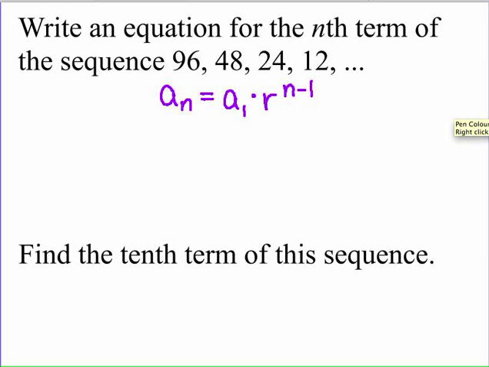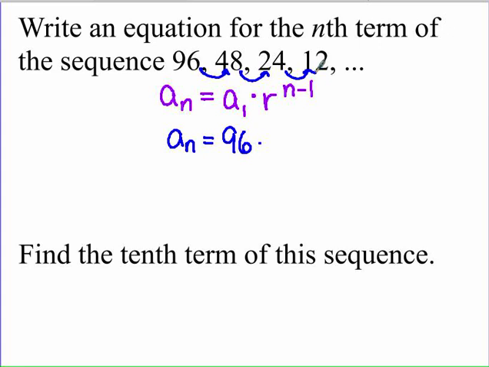Remember, I leave the a sub n alone. What is my first term? 96. Now I need to figure out the ratio.